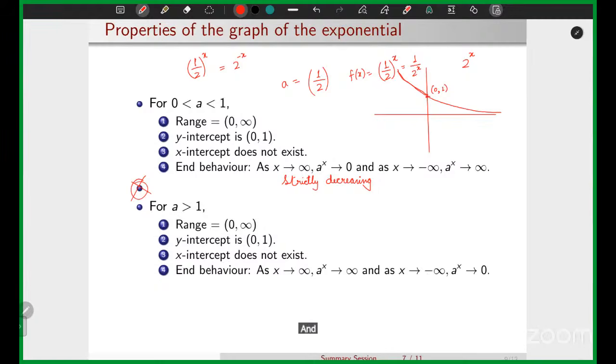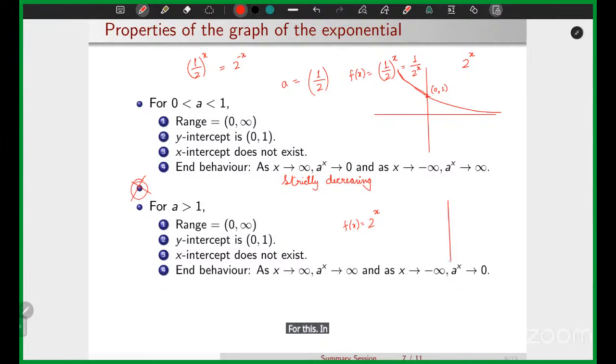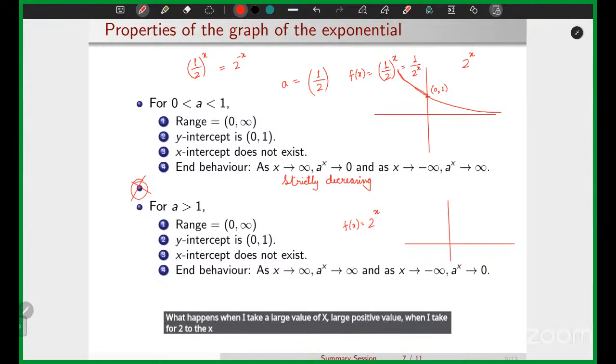And what about a greater than 1? So instead of half to the x, we'll take 2 to the x. In this case, the picture sort of inverts. What happens when I take a large positive value of x for 2 to the x?